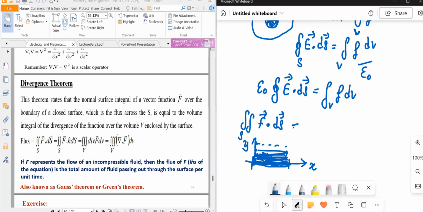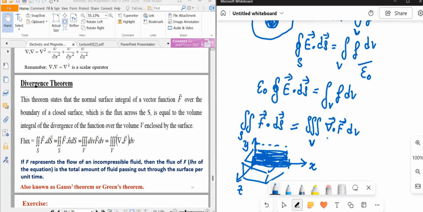And the divergence theorem states that it is equal to the volume integral. So volume means we are going to add another axis, the z axis. When we integrate this area through another axis, we get a volume. So that is equal to del dot f dv.